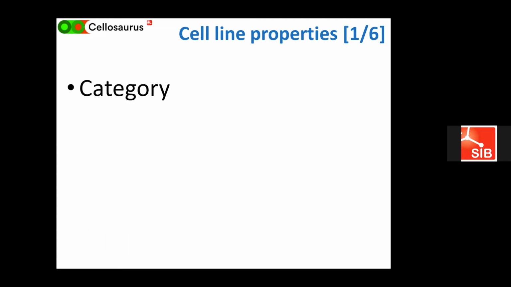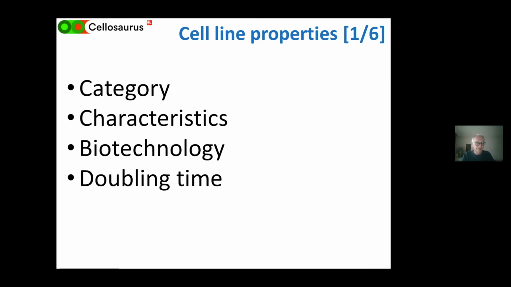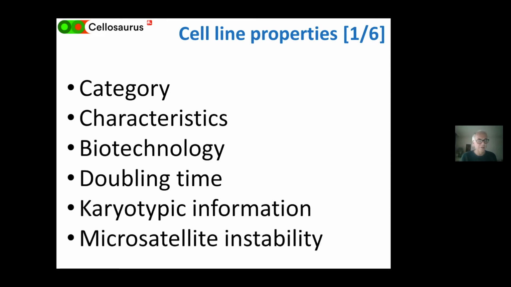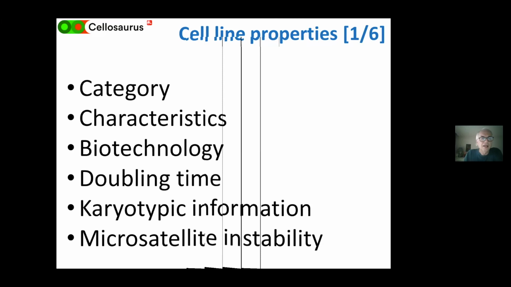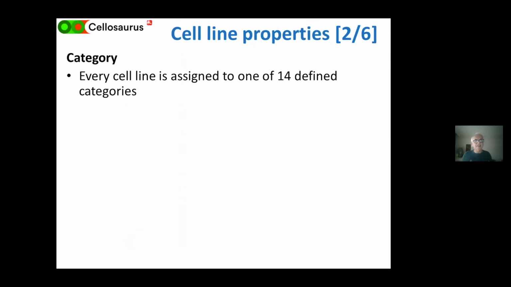Thank you. So, cell line properties. That's a wider subject where we will see 6 things, which are listed here: category, characteristic, biotechnology, doubling time, karyotypic information, and microsatellite instability. Category, it's easy. Every cell line is assigned to one of 14 defined categories.